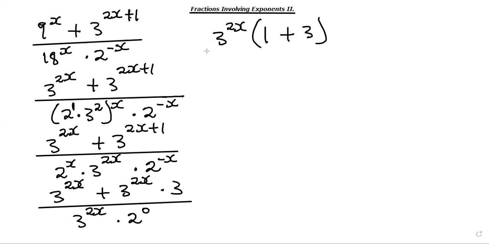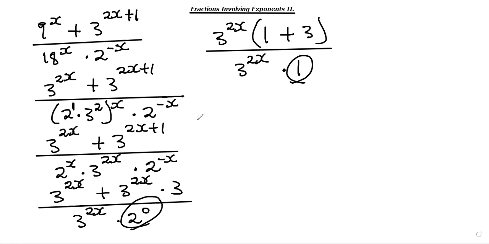Then you say the whole thing is divided by what? By 3 to the 2x. Maybe you can say times 1, so that you show them that any number to the power 0 is 1. Then this one and this one will cancel out. 1 plus 3 is 4. 4 divided by 1 will just be 4. And then you should be fine.